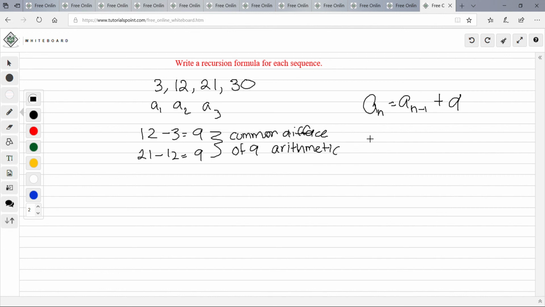Okay, so let's just fill in the blanks. AN equals AN minus 1, and we know the difference is 9, so it's just plus 9. That's our final answer, and that wraps it up for this section.